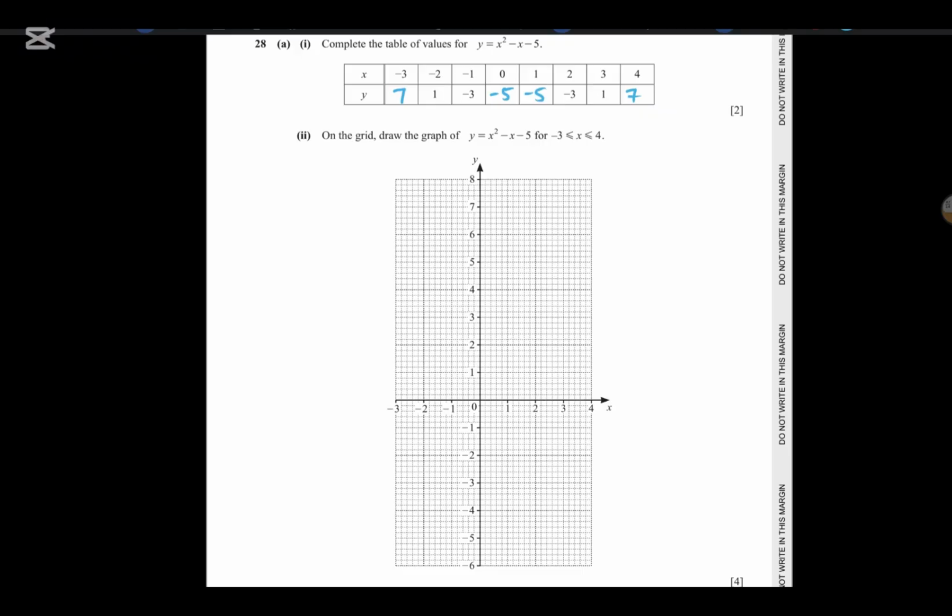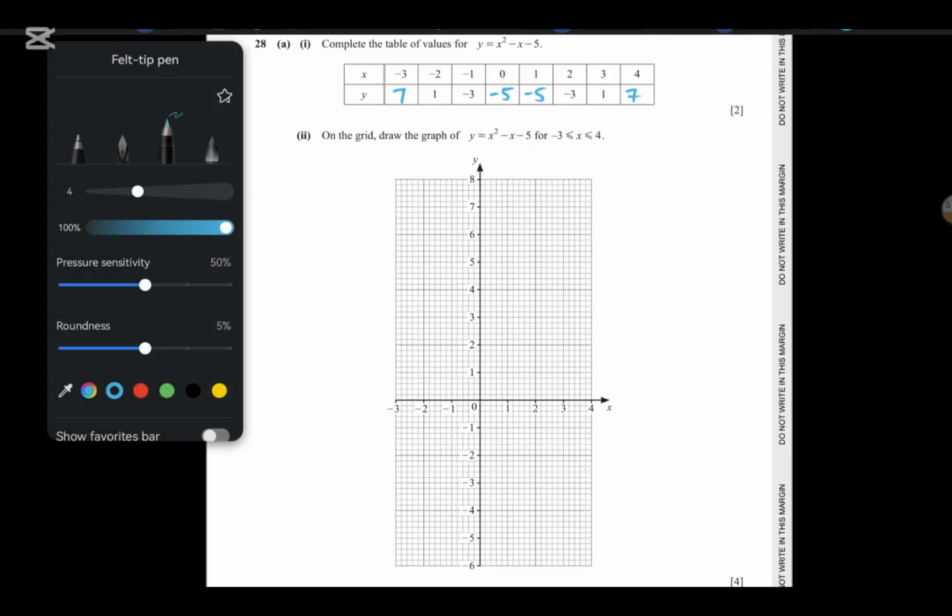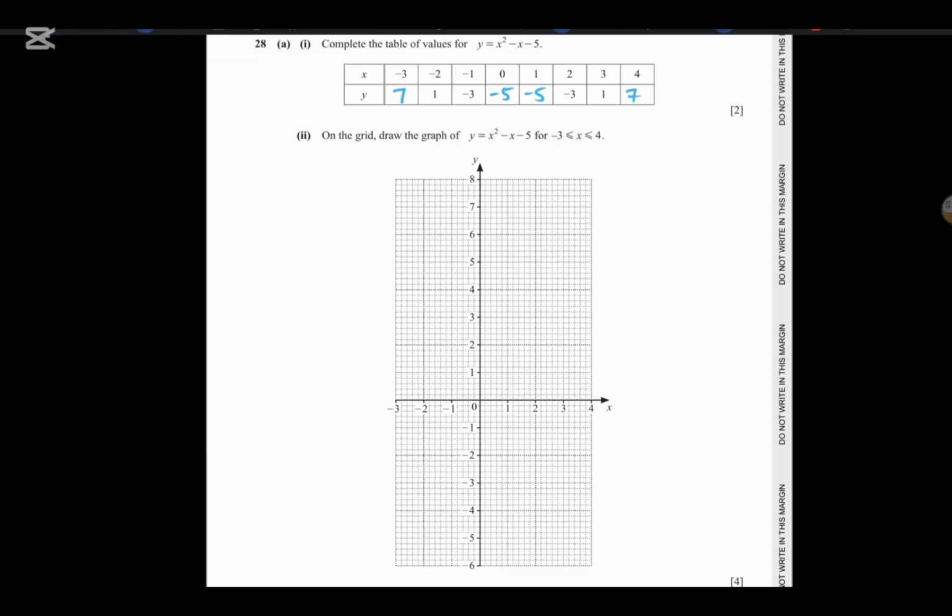Okay, so let us mark the points first, then we will draw the graph. So minus 3 is 7. 7 is here. Minus 2 is 1. 1 is here. Minus 1 is minus 3. 0 is minus 5. 1 minus 5.